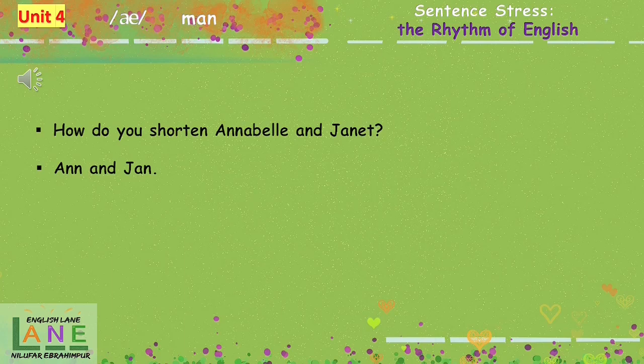Annabelle. How do you shorten? Da da da da da. Annabelle and Janet. Da da da da da da. So what do you think? Stress syllables, where are they? How do you shorten Annabelle and Janet? Anne and Jan.